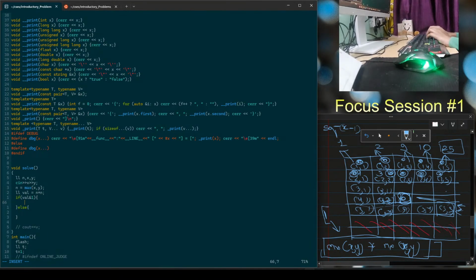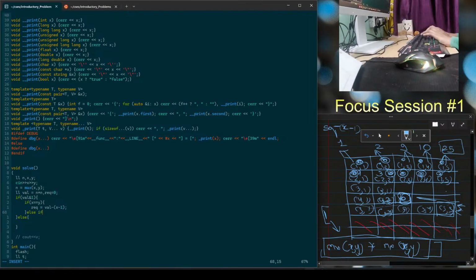What I'm trying to do, if x is equal to y, required will become value minus x minus 1.